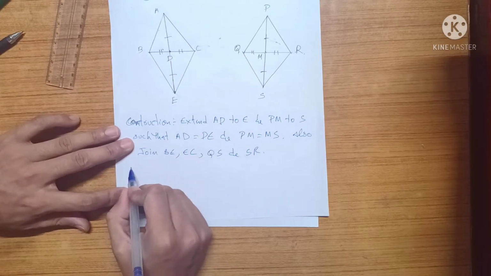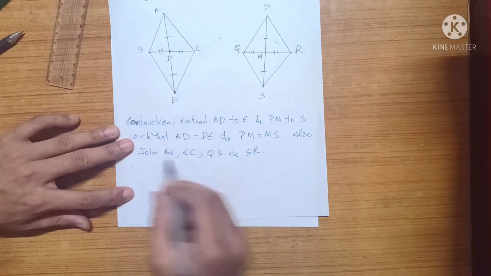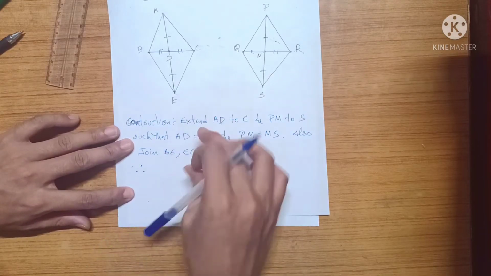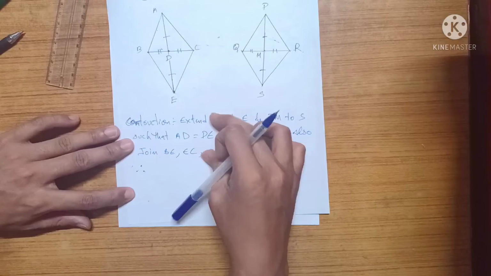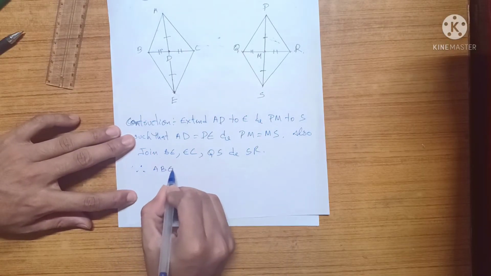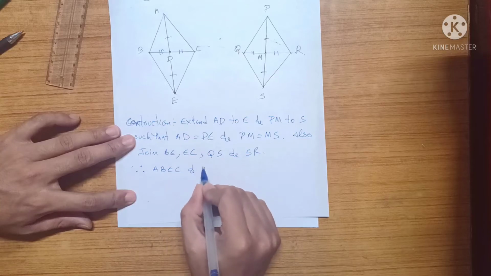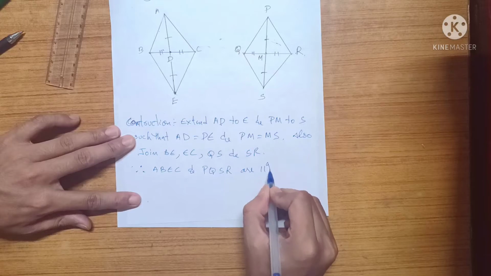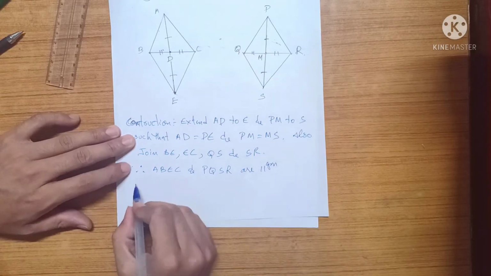So let's write what is given. Join this, therefore let's continue from this. This is the construction, and because of the construction we can say therefore ABEC and PQSR are parallelograms.